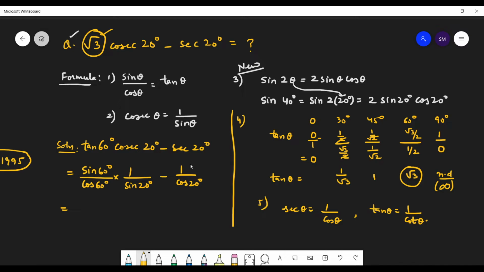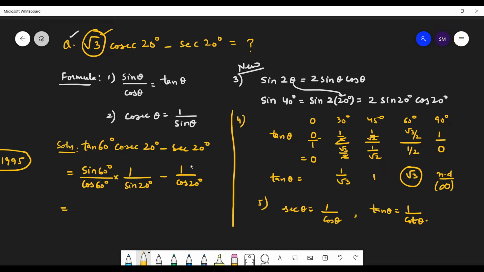Now students, here I have sine 20 cos 20. So that's the same thing, changing this into sine 40 or splitting sine 40 using this formula. So we have to visualize. This is sine 2 theta, right?